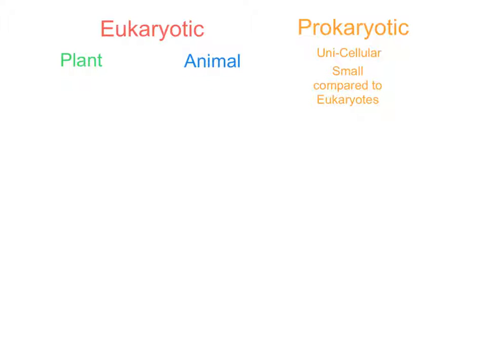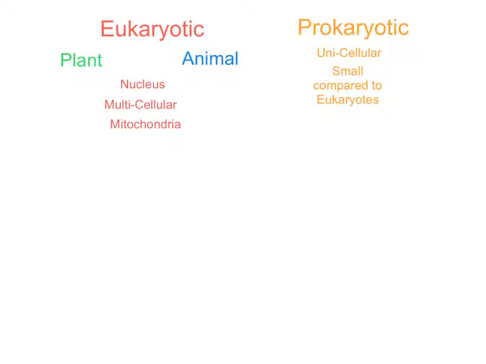So now let's talk about some things that are unique to eukaryotic cells, but both plant and animals share that. So I hope that that makes sense to you. It should once we get it all up here. So all eukaryotic cells have a nucleus. Both plant and animal cells contain a nucleus. They are multicellular, and they have mitochondria.